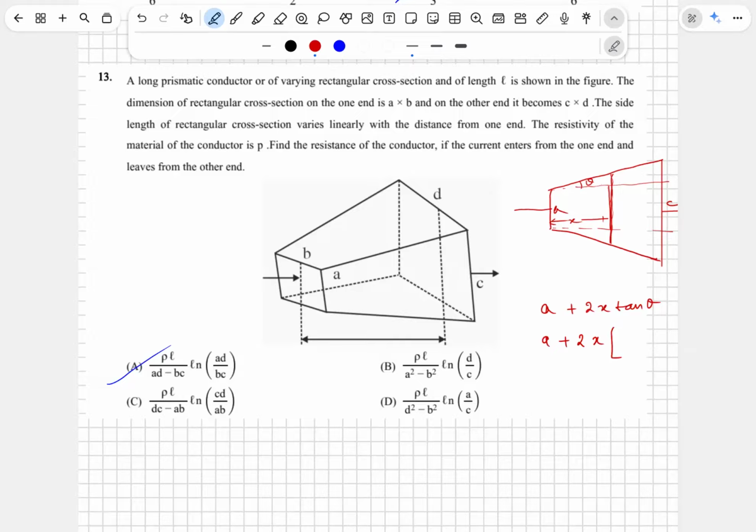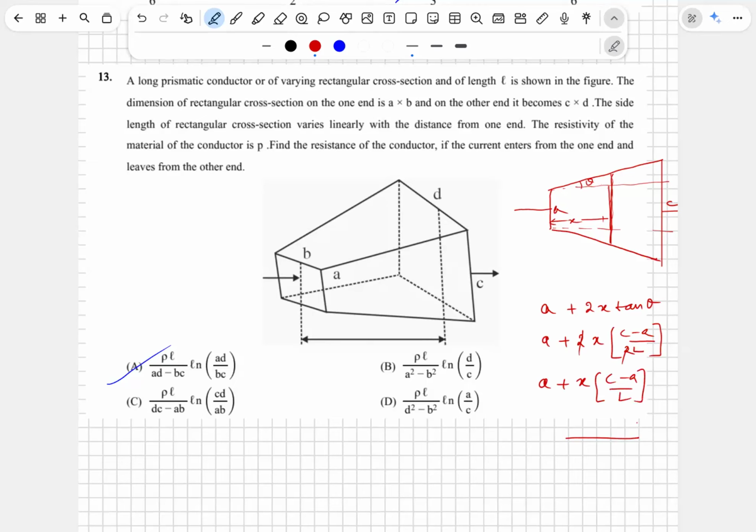What is tan theta? C minus A by L. Where C minus A by 2L. About 2x, okay? Right. Sure? 2 cancel. A plus x times C minus A by L.